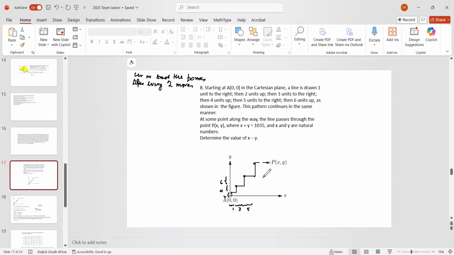After every 2 moves. By 2 moves, I mean to the right and up. Then we land here, to the right and up. So the dotted ones is what we're going to look at.